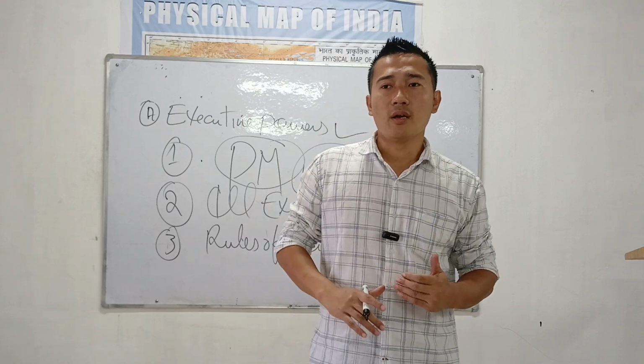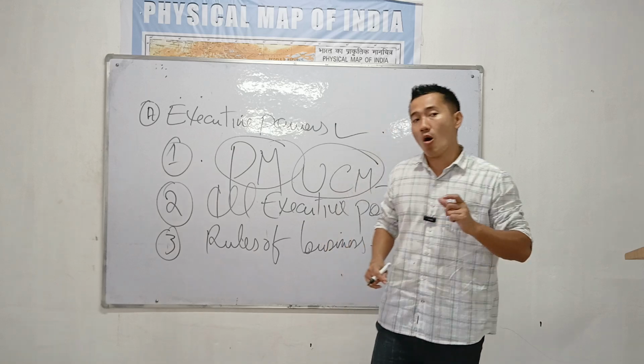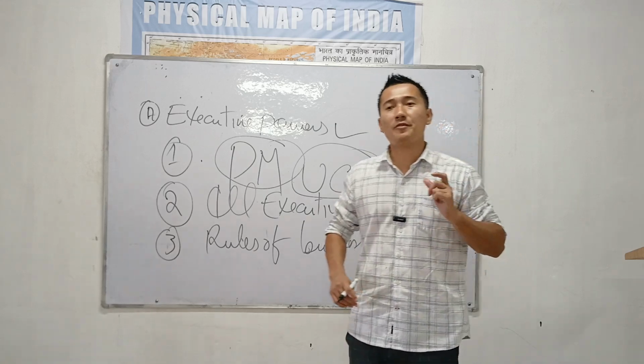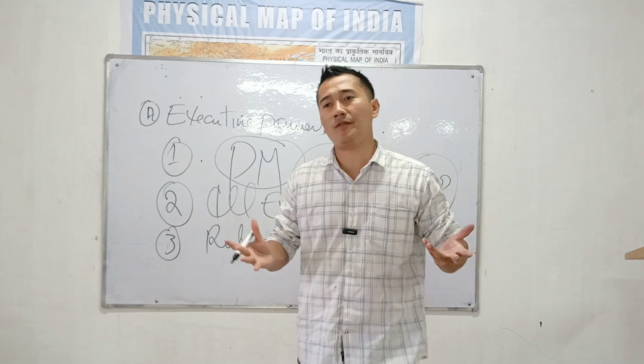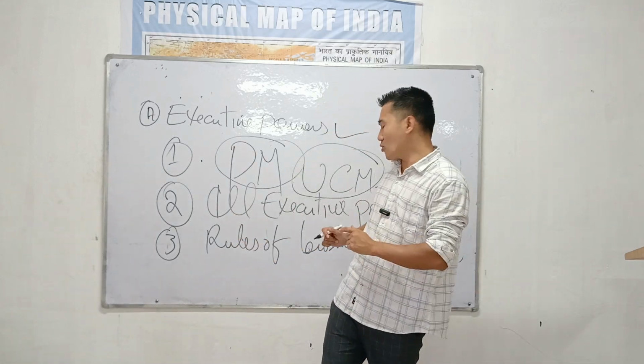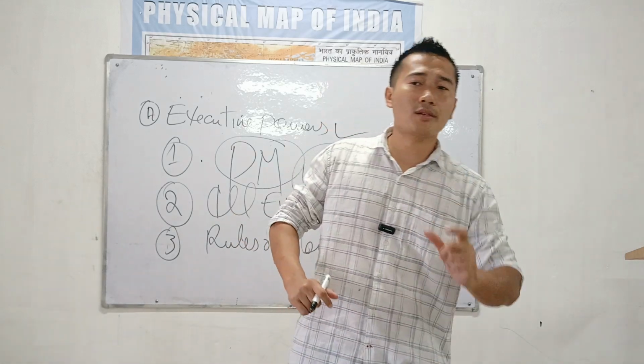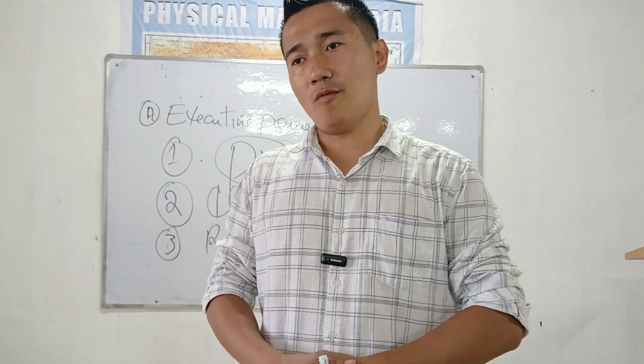This is so important. He has to ensure that all the departments in the government of India function smoothly and conveniently, or else we will never achieve anything. That's the reason he will make rules for the most convenient transaction of the Union government.